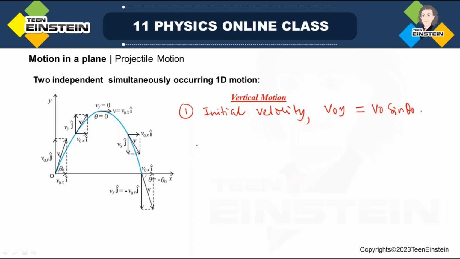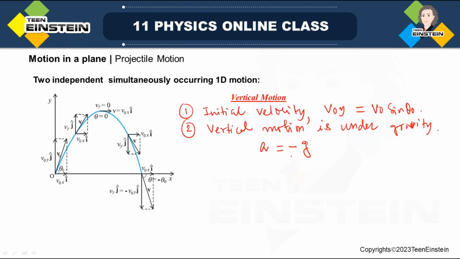Now look here, this vertical motion is under gravity, and so the acceleration in this case will be minus g in the vertical direction.